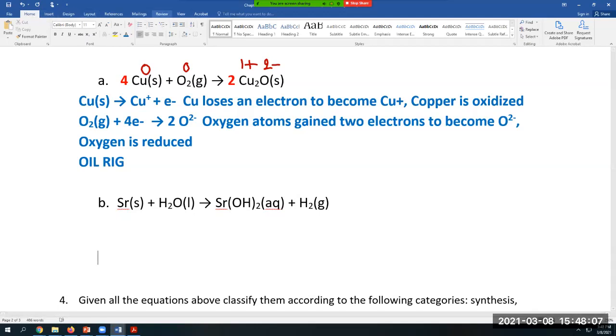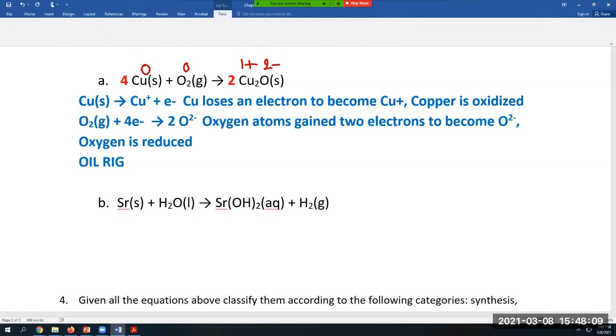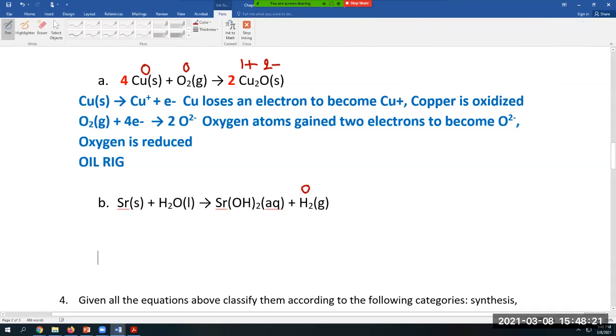So we can already write an oxidation state of 0 above it, because it's hydrogen in its elemental state. Same with strontium. Strontium is a metal, and here it's just a symbol of the metal, solid. So that tells you it's strontium in its elemental state, and its oxidation state is 0.